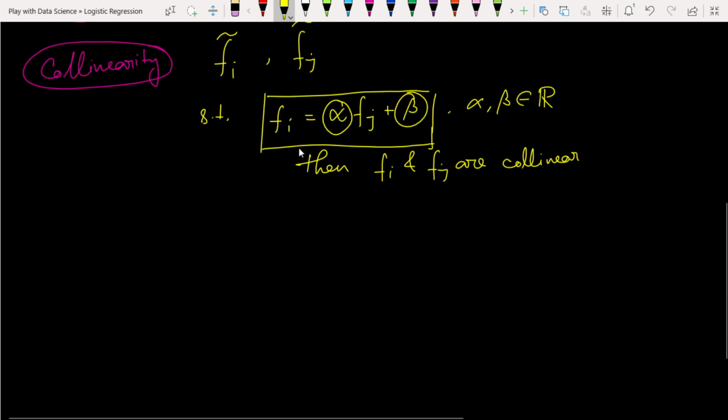Now if we simply extend this concept, we get multicollinearity.